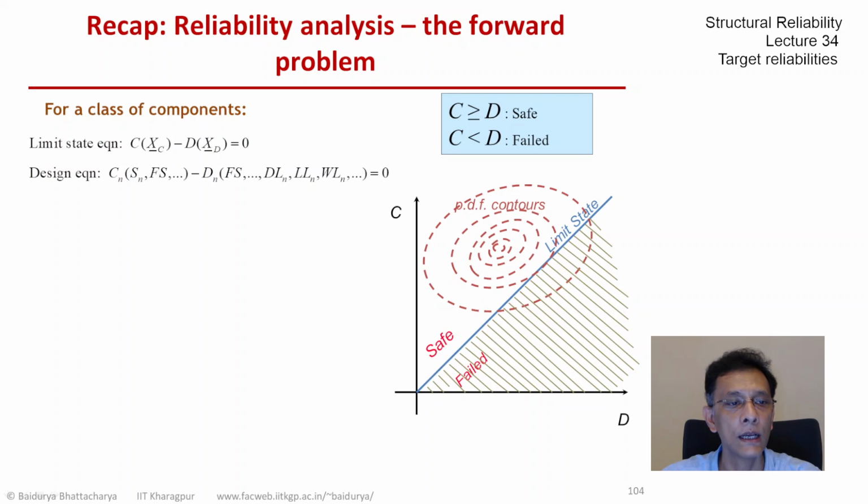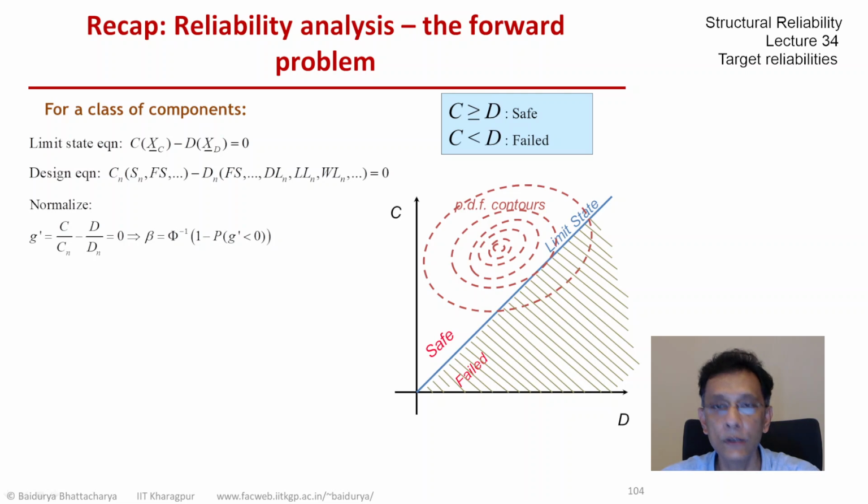In any case, we could normalize C with Cn and D with Dn and come up with a normalized limit state whose probability of failure, G prime less than 0, would give me the beta value through the normal distribution function inverse. So we could actually do this for the entire range, and it's actually not necessary that the limit state and the design equation both pertain to the same mode of failure.